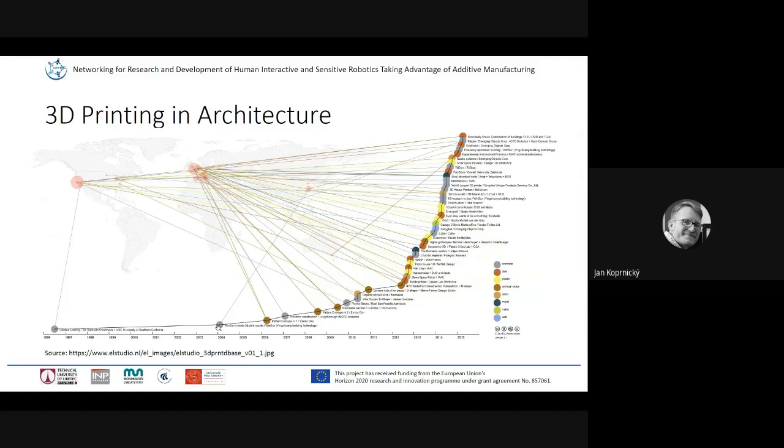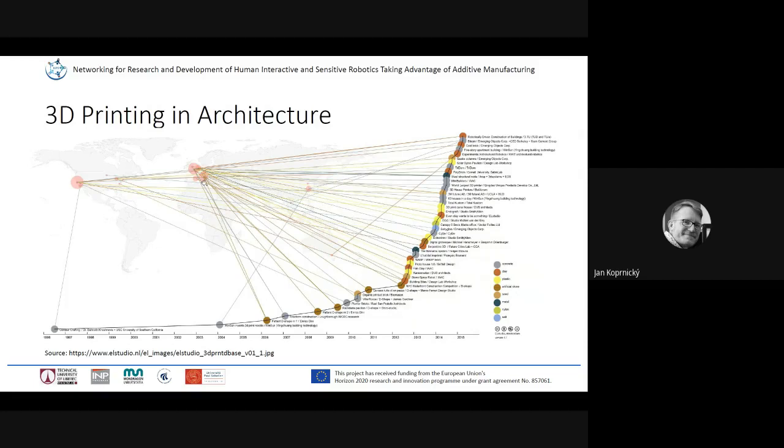And what you can see also in this graph is the variety of input materials, because construction uses every imaginable material, from concrete to salt, and you will see on following pages. And what is also visible from this picture is that the centers of research are split around the world.